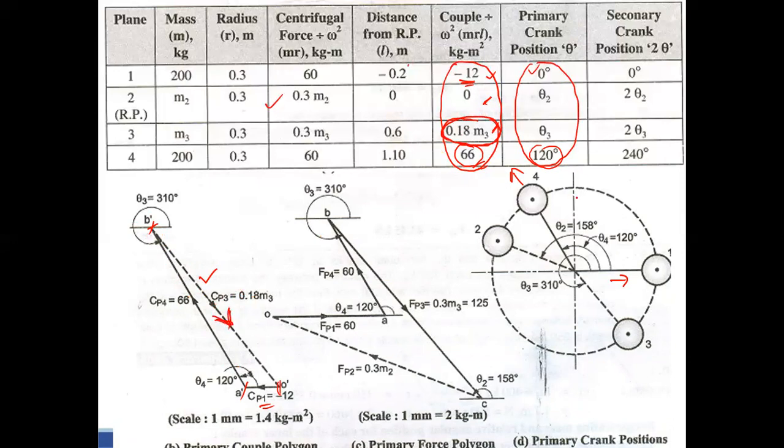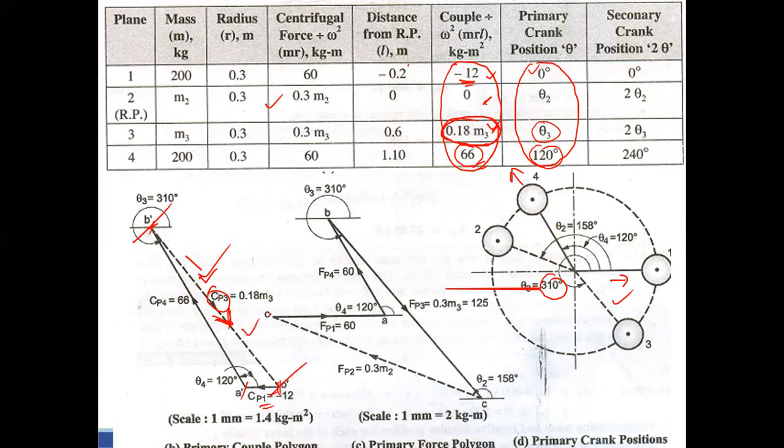So in the primary crank position, parallel to this, you draw this line and measure the angle. This is 310 degree. What is this? This is the angular position of crank 3. Now you got theta 3. Now you measure the distance from this point to this point.